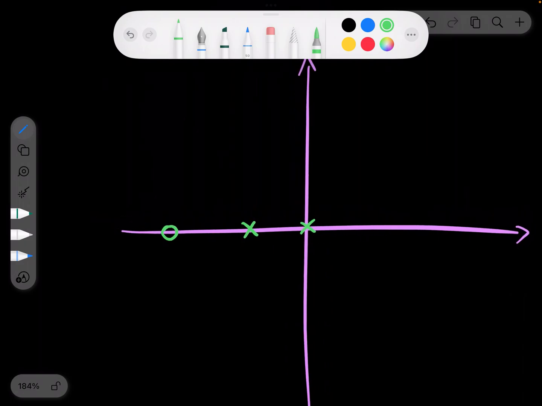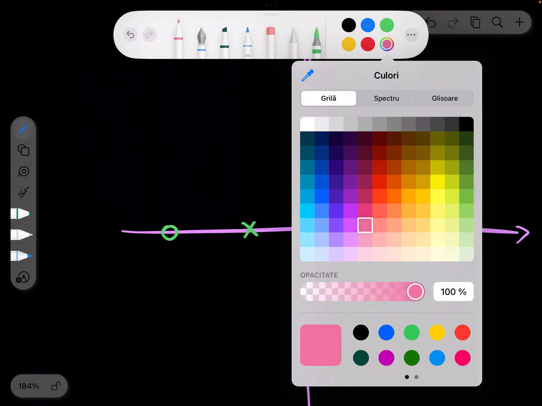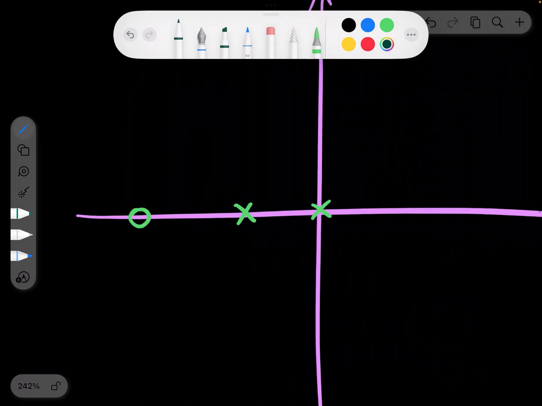Okay. Now, where do we have loci? We're going to have loci between either the poles or the zeros.